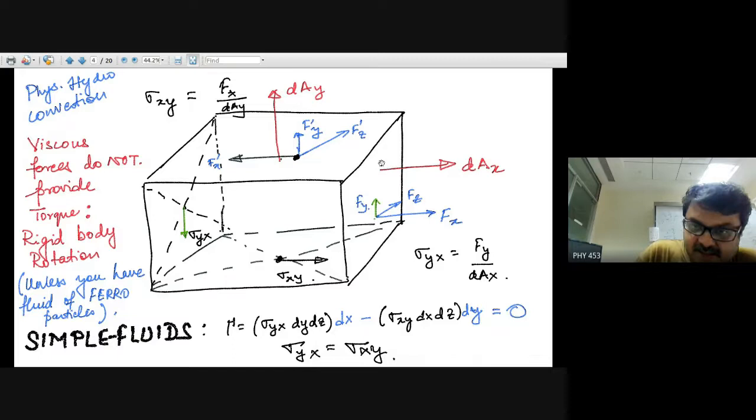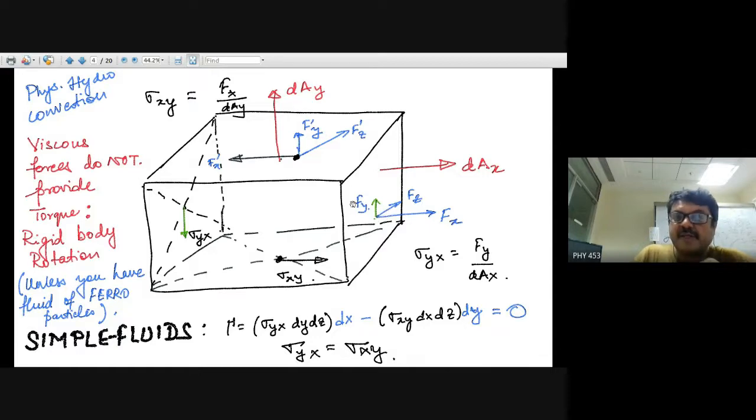area, there is a force in the positive y direction, and there's a negative y force acting in the negative y direction on this, and the total torque acting on this fluid element by these two surfaces would be sigma yx into the area, which would give the force.